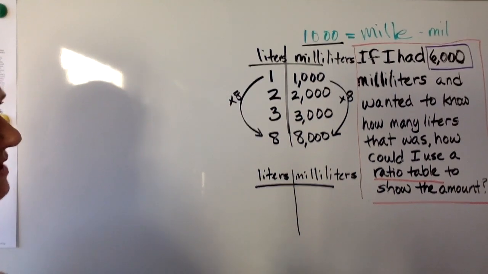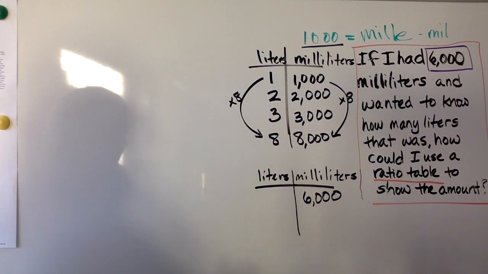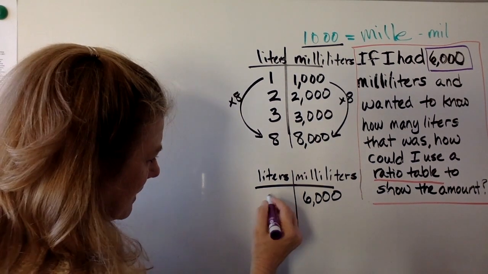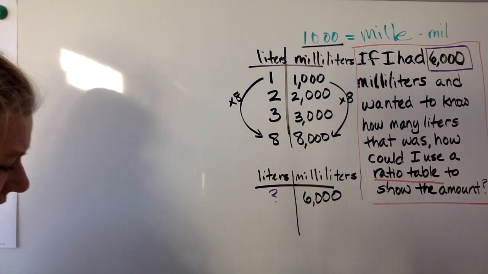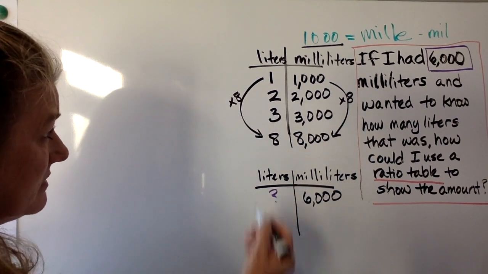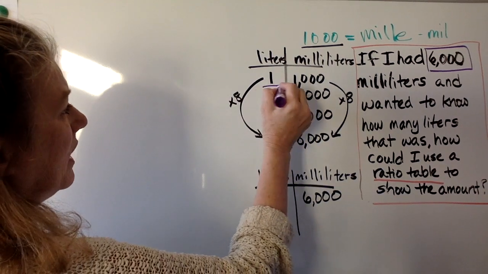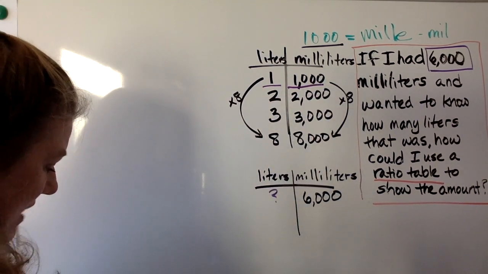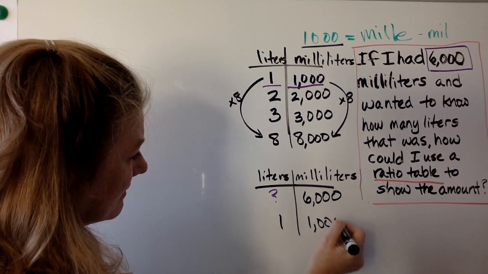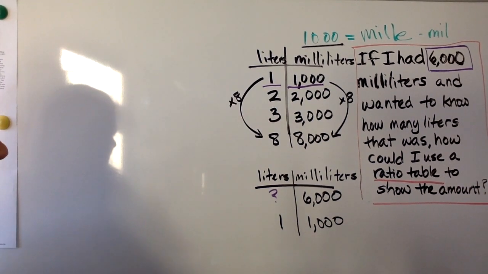And the question is, if I had 6,000 milliliters, how many liters would I have? Well, I'm going to start with what I know. I know that one is equal to 1,000. So I'm going to put that down here. 1 liter is equal to 1,000 milliliters.